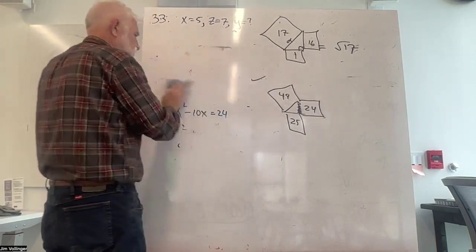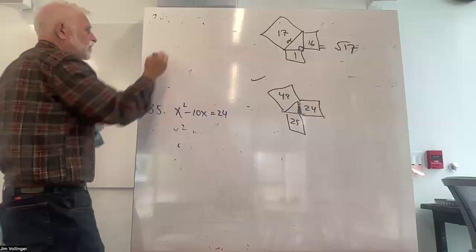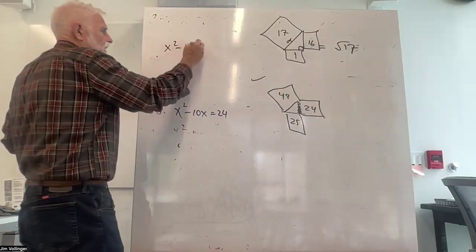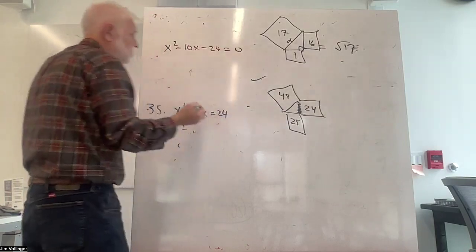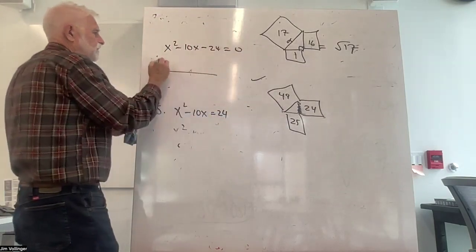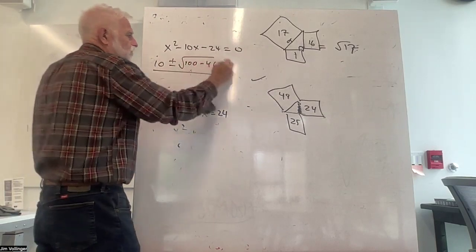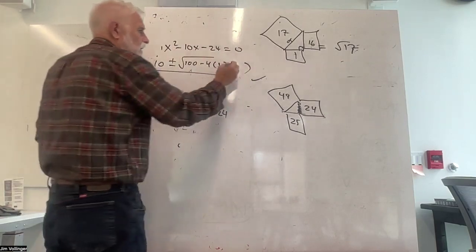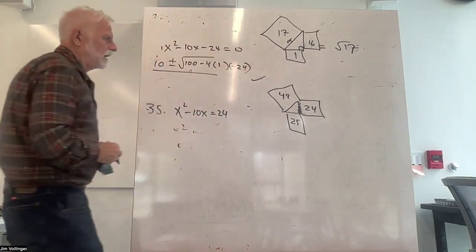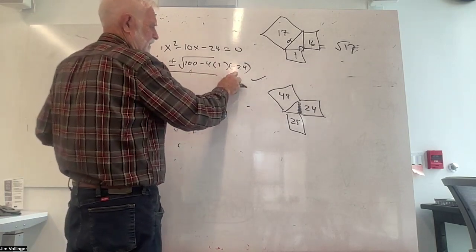Another way I could have done it, which is probably the holy grail of Algebra 1 classes, is the quadratic formula. X squared minus 10x minus 24 equals 0. I tend not to use it much anymore, but minus b, 10, plus or minus the square root of 100 minus 4, I use open parentheses, 1, that's what's in front of the x squared, minus 24, and that gets us 100 minus 96.